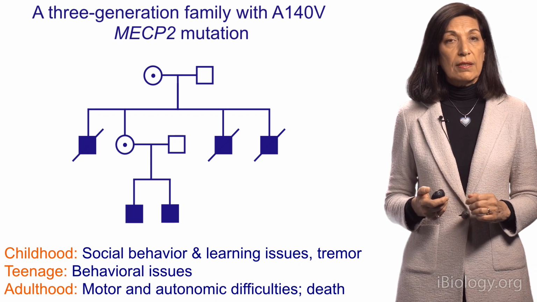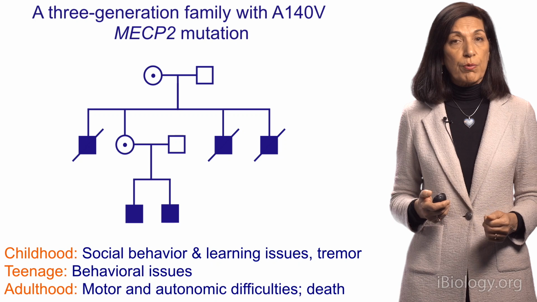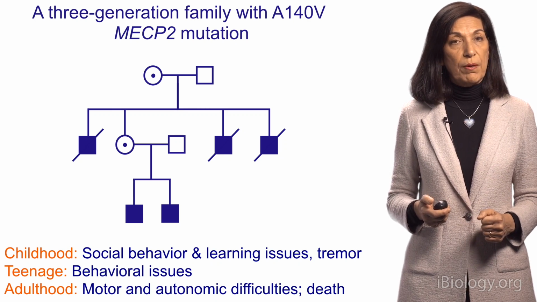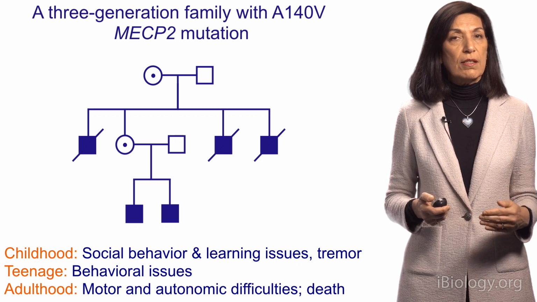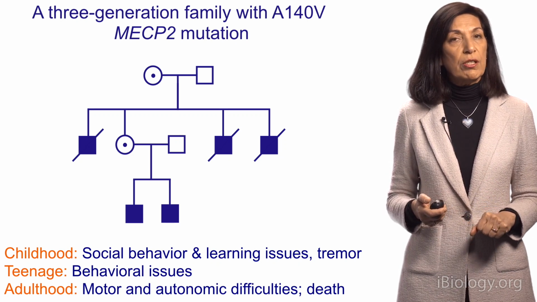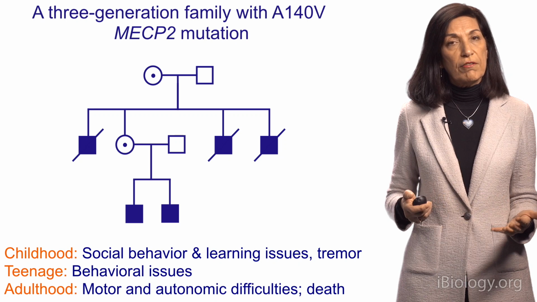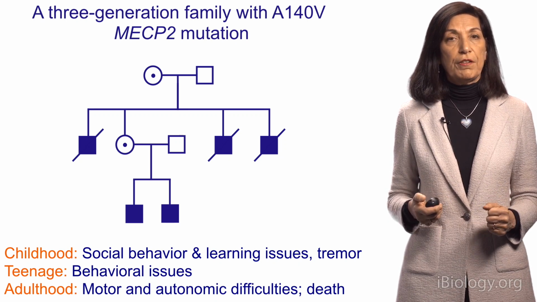The children typically present with social behavioral problems and learning difficulties and tremor. When they become teenagers, as we know from the uncles, the two children in the third generation, they're still young, so they still have just behavioral problems and learning difficulties.